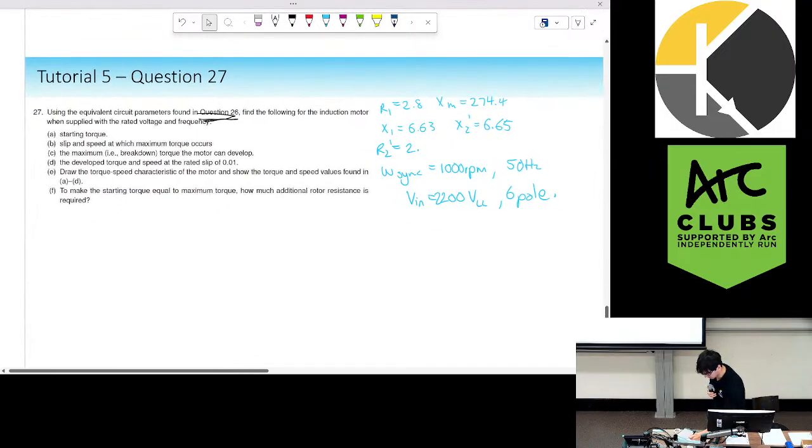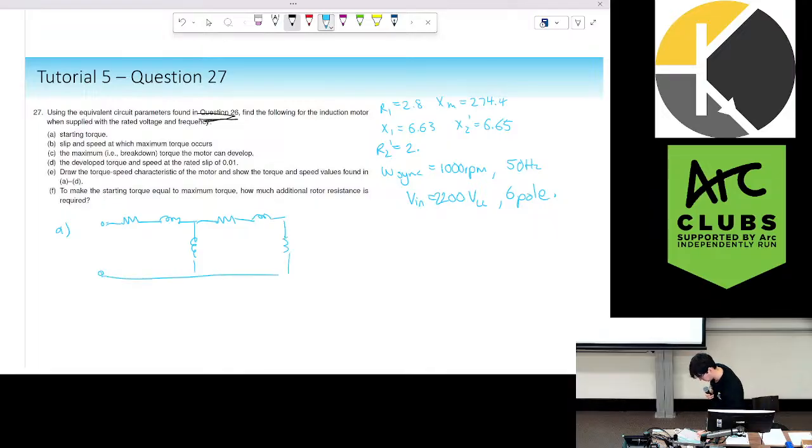So first, I'm going to draw my circuit. So we have, again, this setup. To make life easier, I'm finding the Thevenin equivalent into this terminal here. So when I'm looking at my voltage from my V1, I have a voltage here, Vm, which is simply going to be a voltage division between each of these impedances.